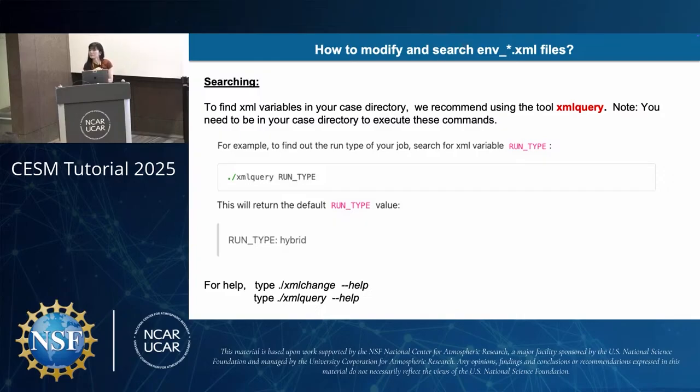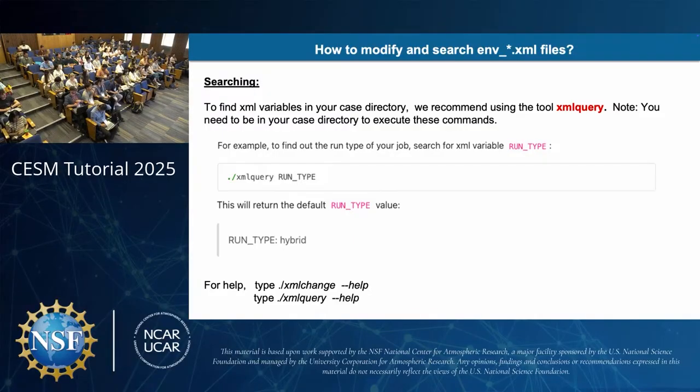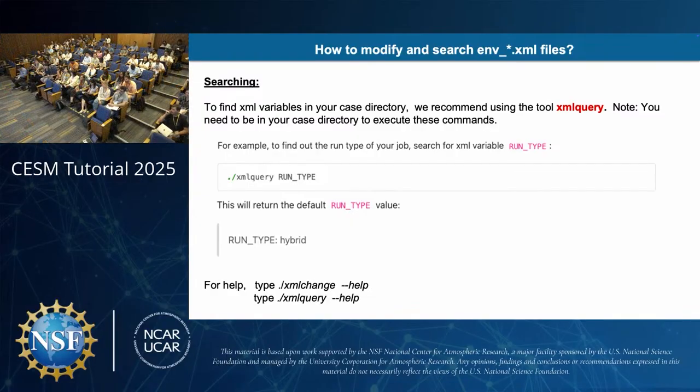Yeah, question? Is there an easy way to list the variables? That's a good question. There are two ways of doing it. The first way is to open up the file with a text editor, and you can see what the variables are. The other way is that you can use -p.